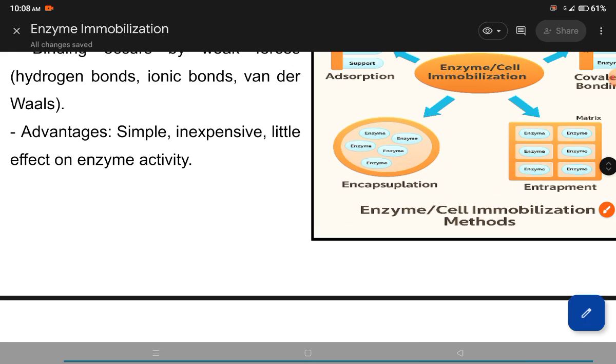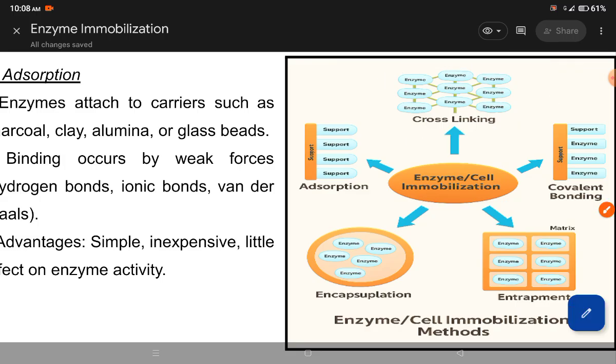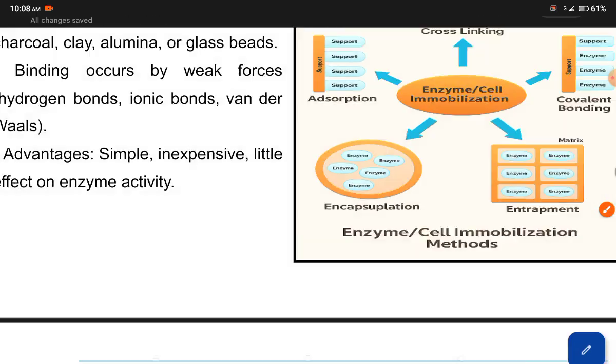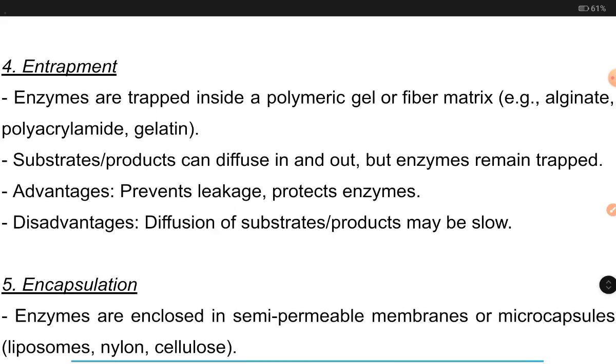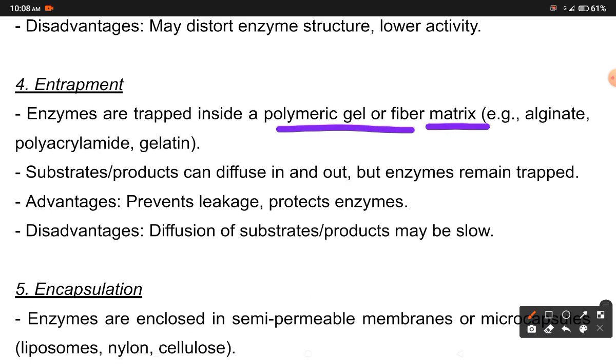Here we can see the image of it. We can see how the enzymes are cross-linked to each other, and there is no need for any support system here. And the next method is entrapment. We are going to have a matrix, and the enzymes are trapped inside it. Here the enzymes are trapped inside a polymeric gel or a fibrous matrix, for example alginate, polyacrylamide and gelatin.